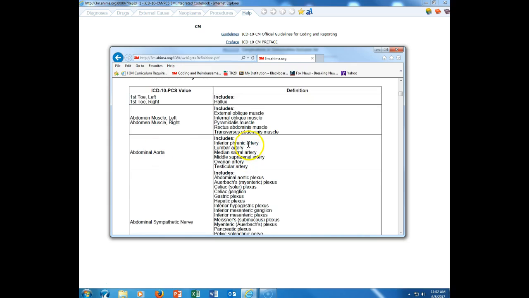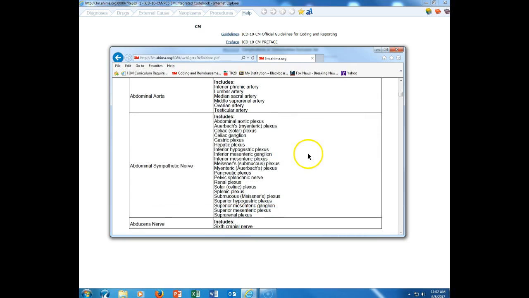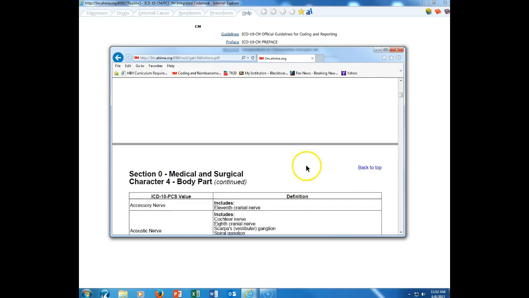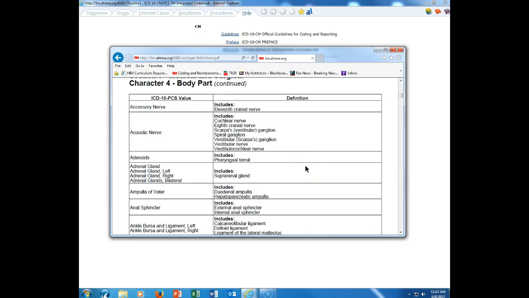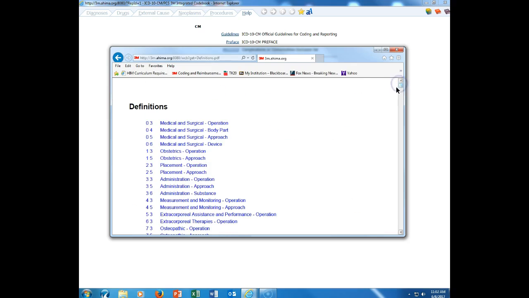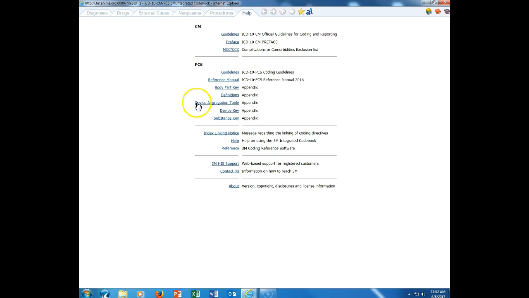The abdominal aorta includes all of these areas, all of these arteries, the lumbar artery, the ovarian artery, the testicular artery. So this is also an excellent tool that can help you when you really get into coding PCS. In reality, we'll have very few of these in this course because this is a little more advanced, but you need to be familiar with these tools and know how to get to them.